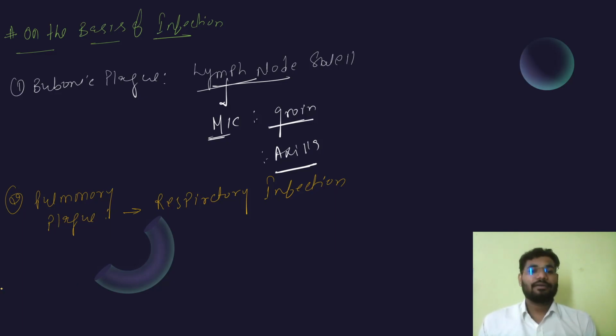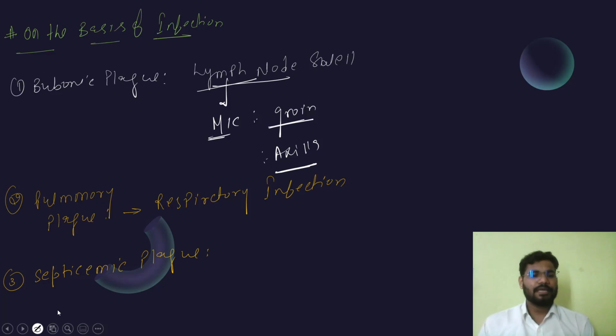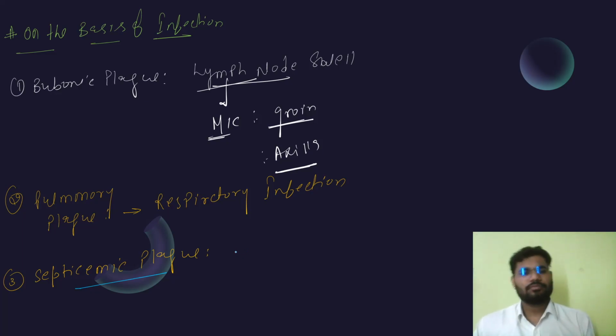And the third, the next one, is called septicemic plague. What actually happens in septicemic plague? In septicemic plague, there is an infection of the blood. The bacteria reaches the blood, of course. So it is basically a blood infection, I should say.